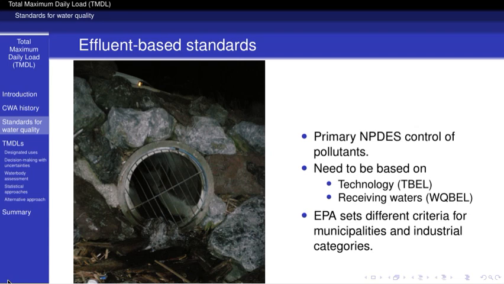Effluent limitation guidelines and standards are established by EPA for different non-municipal, that is, industrial categories. These guidelines are developed based on the degree of pollutant reduction obtainable by an industrial category through the application of pollutant control technologies.